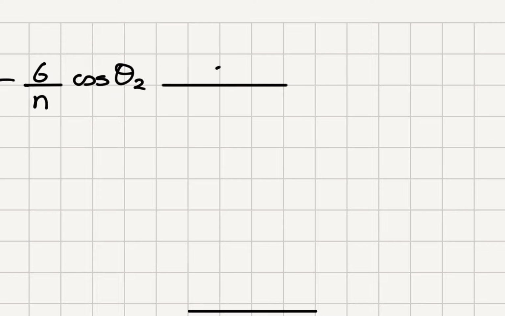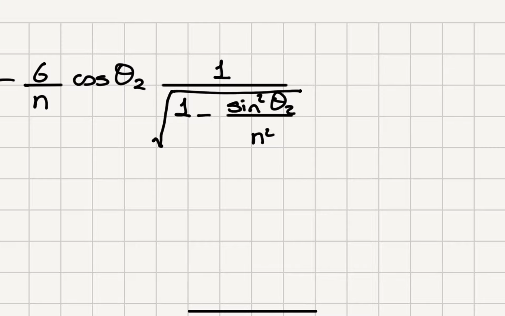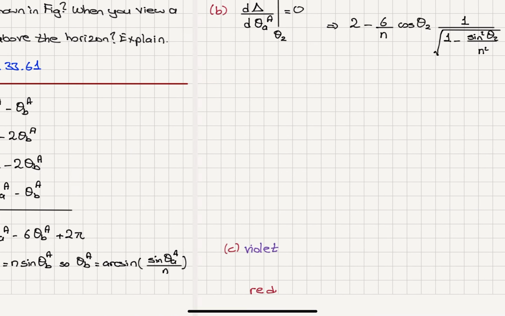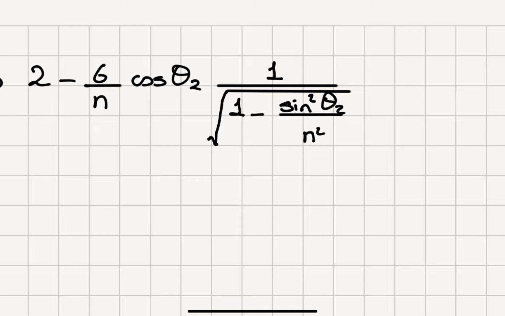So it is 1 over the square root of 1 minus sine square theta 2 over n square. The other term is 2 pi, so its derivative is 0. So this must be 0 when evaluated at theta 2.